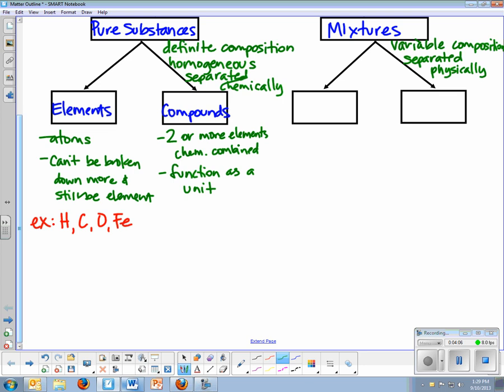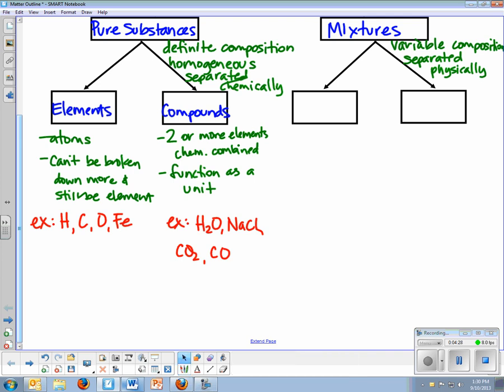And they can only be broken down by a chemical reaction. All pure substances are like that. So examples of compounds, some that you may know would be like water, H2O, table salt, NaCl, carbon dioxide, CO2, carbon monoxide, CO.